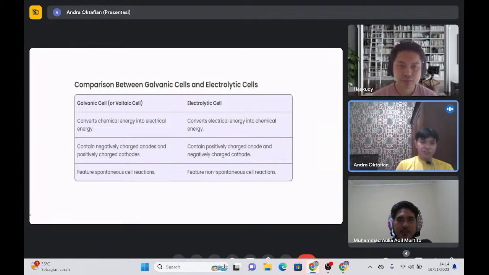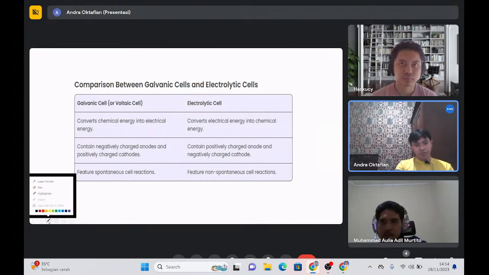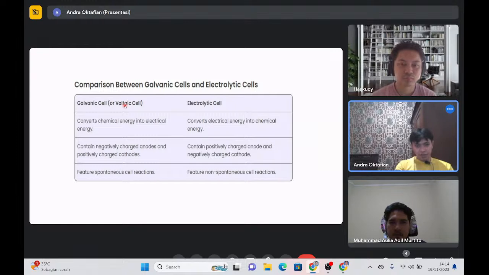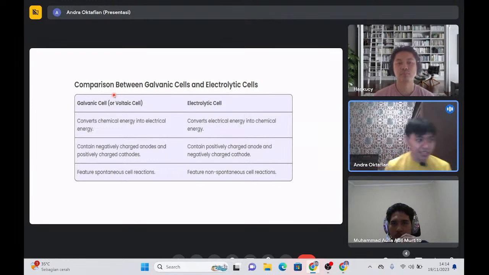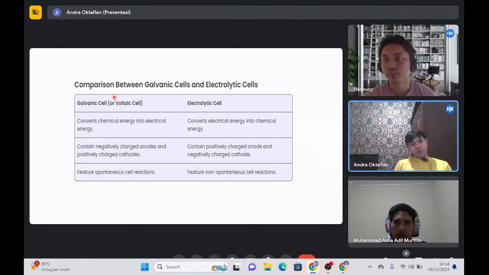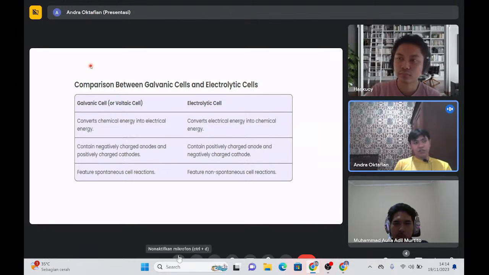Now let me review the difference between the galvanic cell or voltaic cell and the electrolytic cell or electrolysis. A galvanic cell or voltaic cell converts chemical energy into electrical energy. For example, like the battery that I already taught you, such as the battery in your laptop.